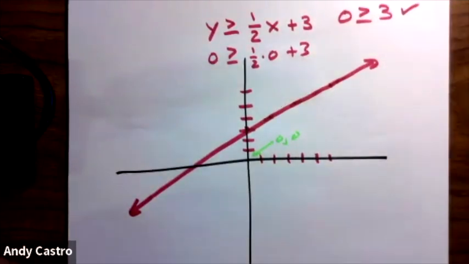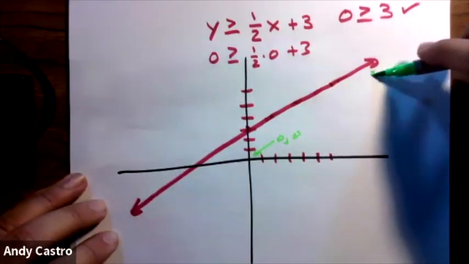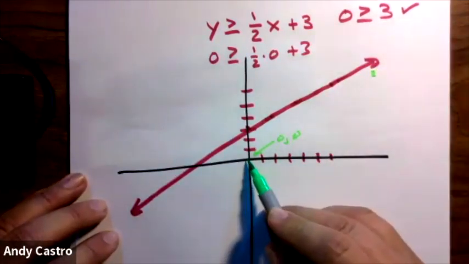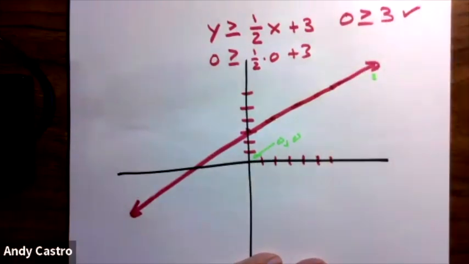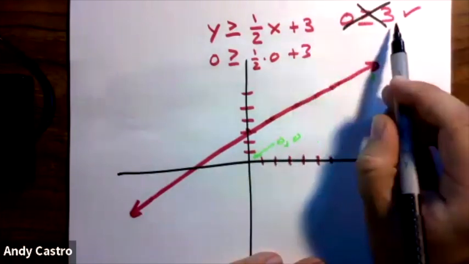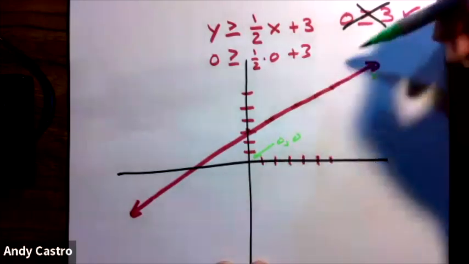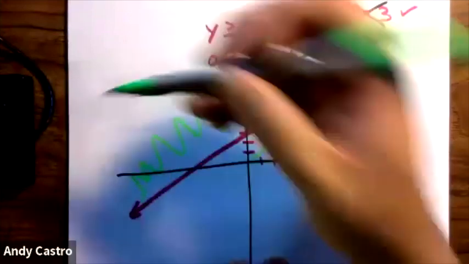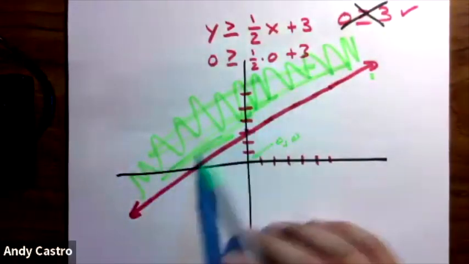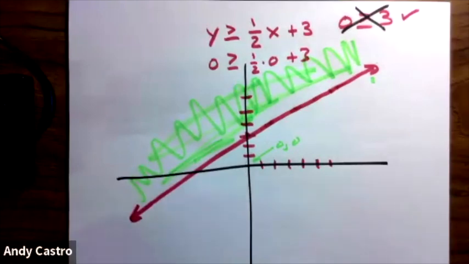So that is true, meaning that we shade because it's included. I'm sorry, what am I saying? That's false. 0 is not greater than or equal to 3. So we don't shade this bottom part, we shade the top part. And if you want to prove it to yourself, you can plug in one of these numbers there to show yourself that that is true.